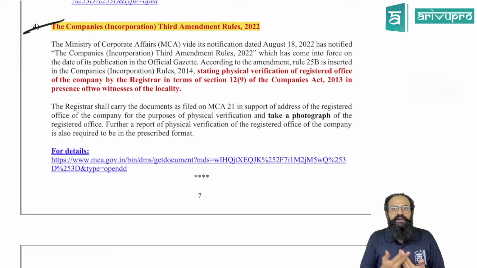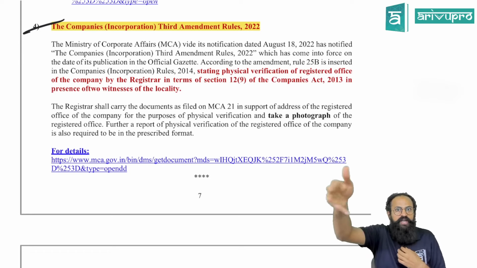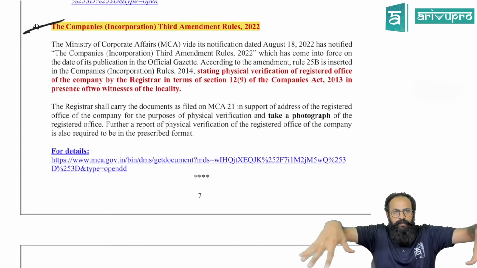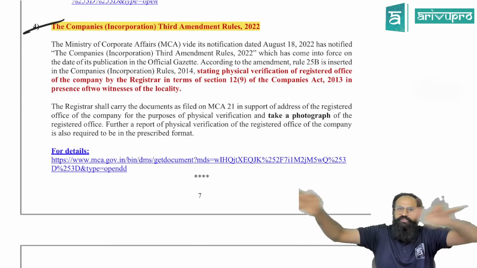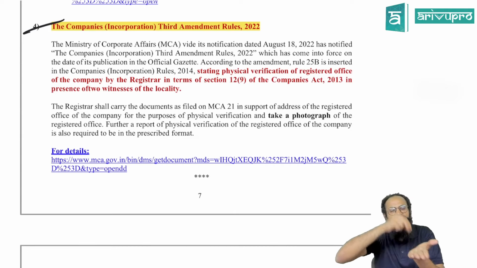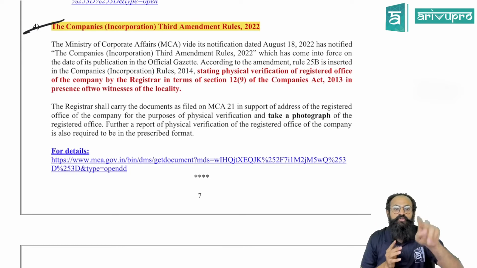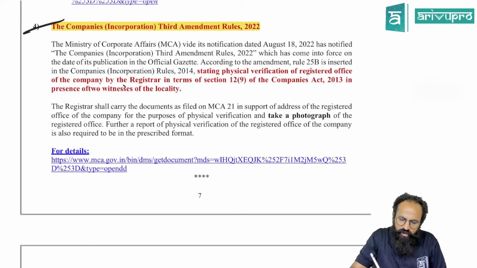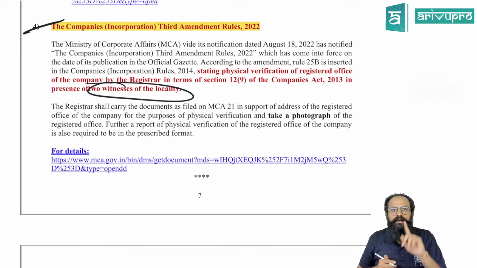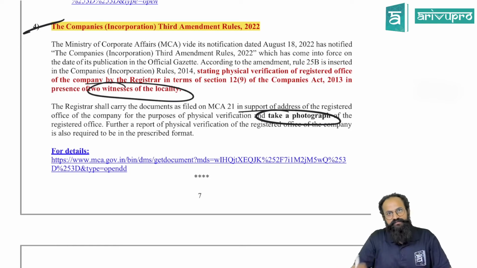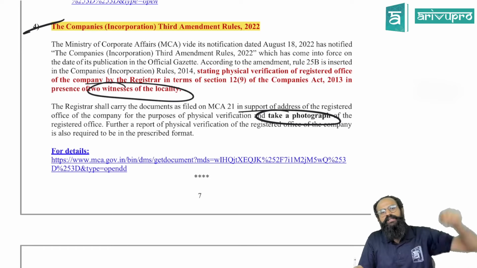People from nearby, imagine the next shop or next office, will sign that yes, there is no business carried on by this company in this location. So 2 witnesses will sign that document. And ROC should also take a photograph of that particular place showing that no business is conducted. This company is not there, some other company is there.